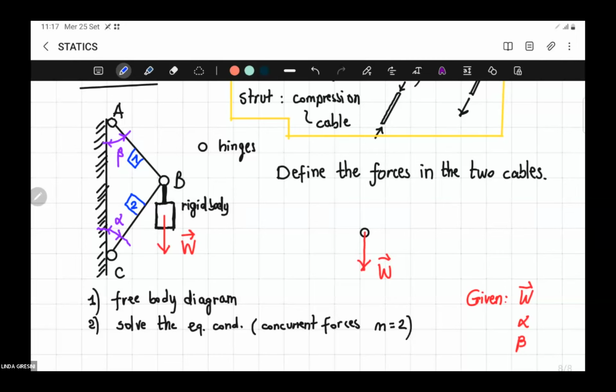So we can have a force, for example, like this for F1.